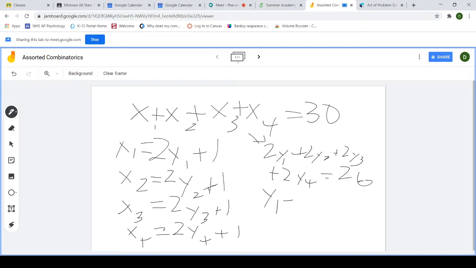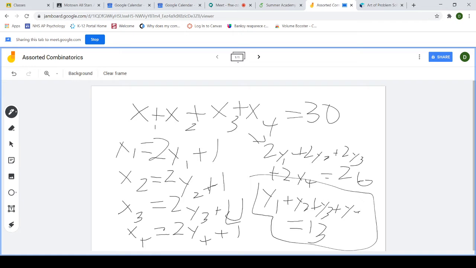So we have y1 plus y2 plus y3 plus y4 is equal to 13, where y1, y2, y3, and y4 are any non-negative integers. Notice, any solution to this equation gives us a solution in x1, x2, x3, x4, right? If you think about it, we only need to count the number of quadruples y1, y2, y3, y4 of non-negative integers that sum to 13. And that will be our answer.